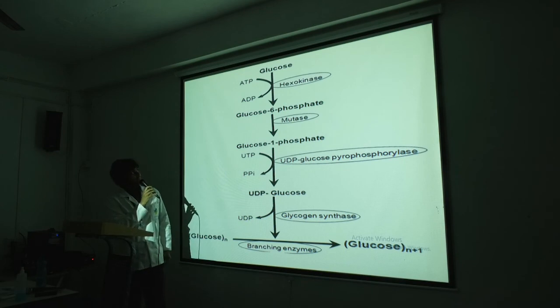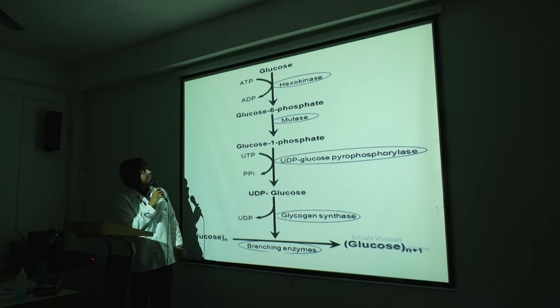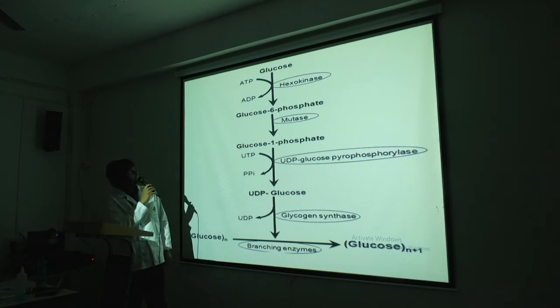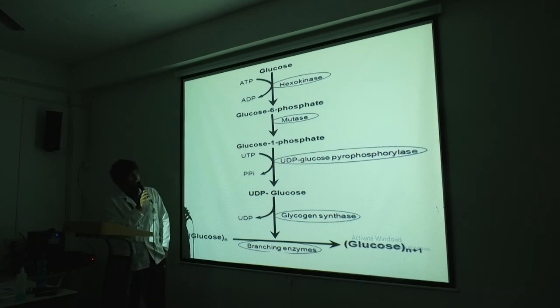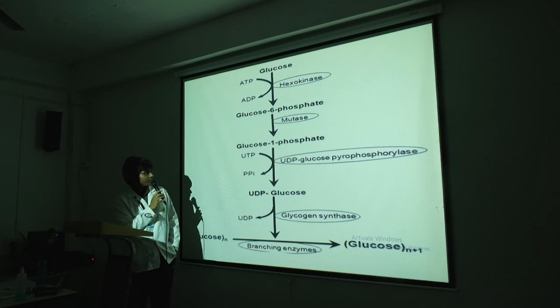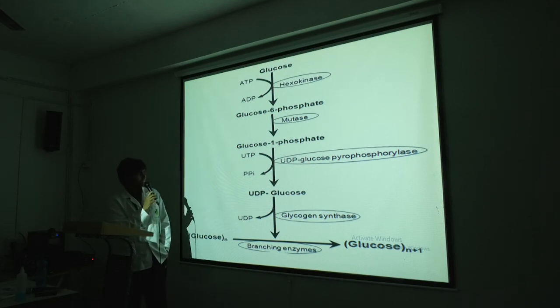So, here is the overview of the whole mechanism of glycogenesis. From glucose, hexokinase enzyme is working and one ATP molecule is converted to ADP, and glucose is converted to glucose 6-phosphate. Then mutase is acting on it and glucose 6-phosphate is converted to glucose 1-phosphate. Then the enzyme UDP glucose pyrophosphorylase is acting, one UTP molecule is converted to UDP and one phosphate group is released.